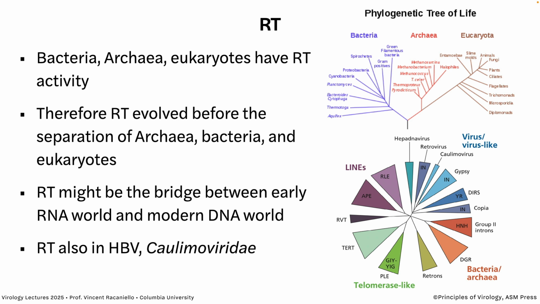There's also a reverse transcriptase in an element called gypsy, which is virus-like. And then we have LINE elements, which are present in eukaryotic cells. We'll talk about what those are. Long interspersed nuclear elements. And then we have telomerase reverse transcriptase. Remember, the ends of our chromosomes have an enzyme, reverse transcriptase, associated with them so they don't degrade and make us age prematurely. And then bacteria and archaea have their own reverse transcriptases. So this is quite interesting.